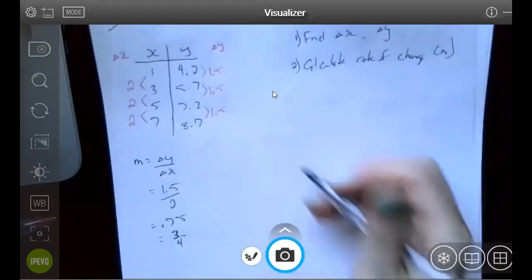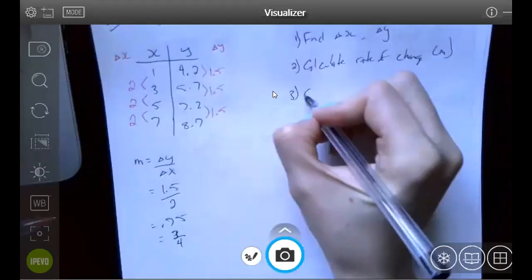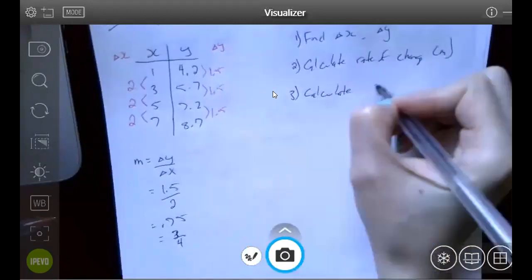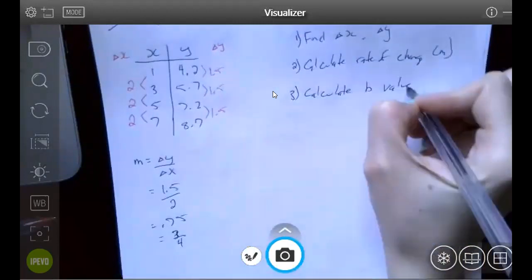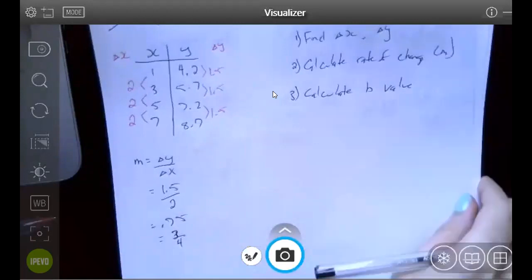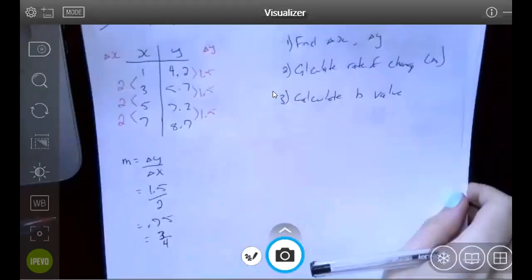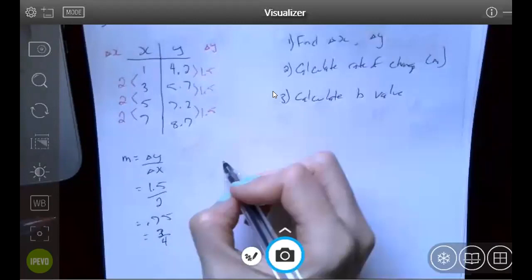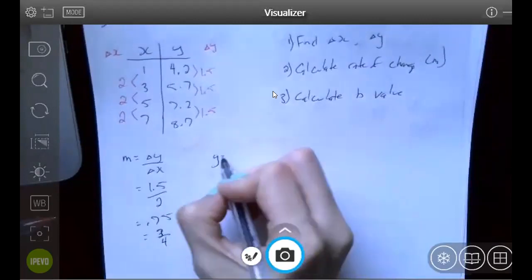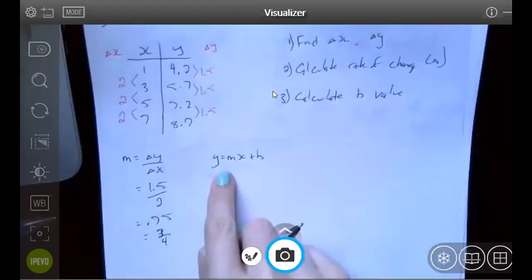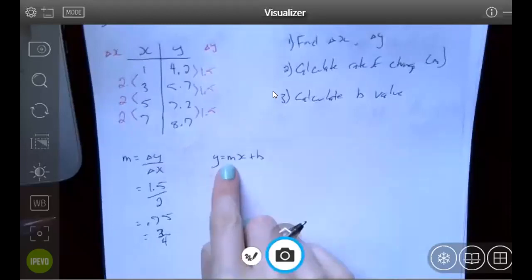From there, we are going to calculate our b value. And in order to do that, we are going to start with our equation of y equals mx plus b. We're then going to plug in the m value that we just solved for.